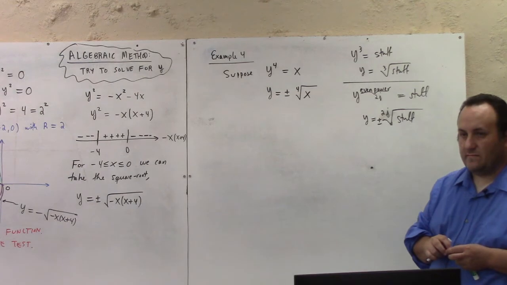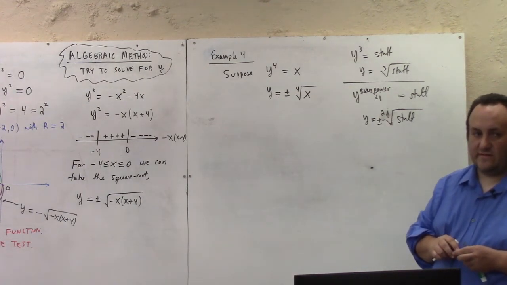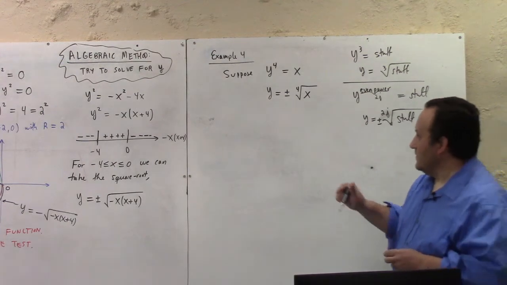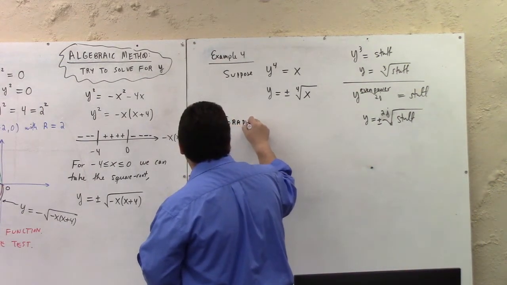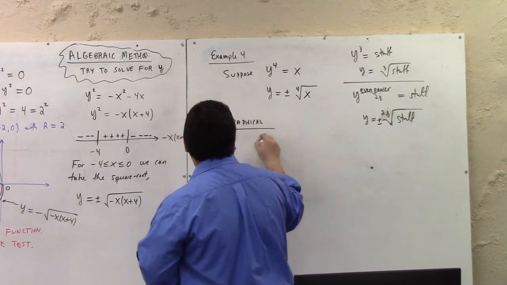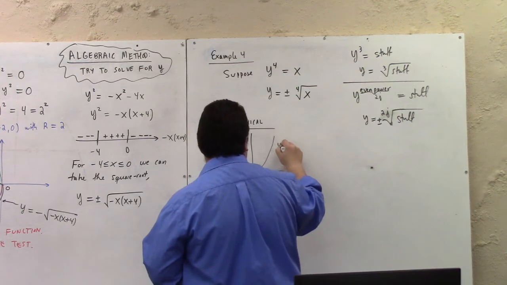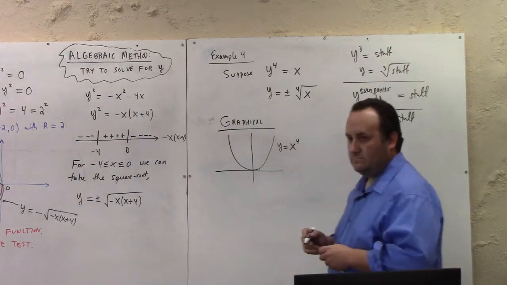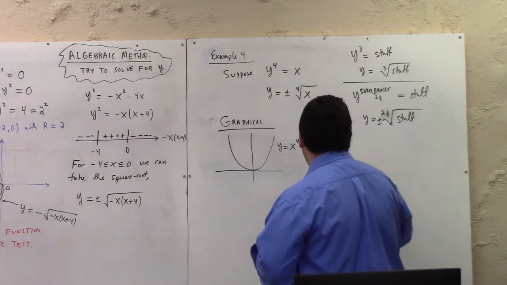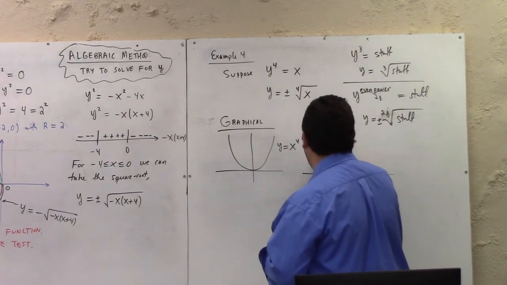Not a function. The other way to solve this graphically, you just have to use your imagination a little bit. So we talked about last time, this is y equals x to the 4th. So what does x equals y to the 4th look like?